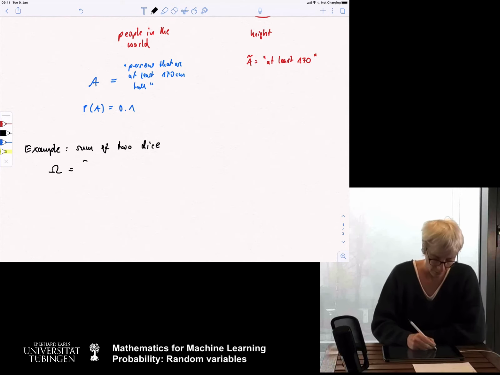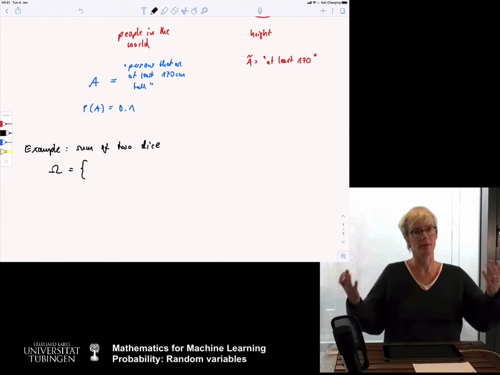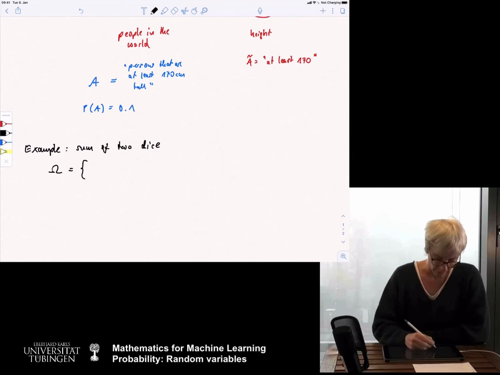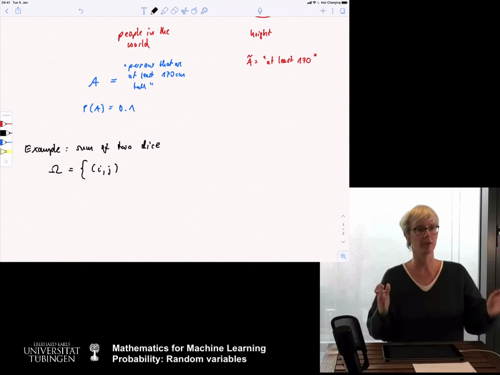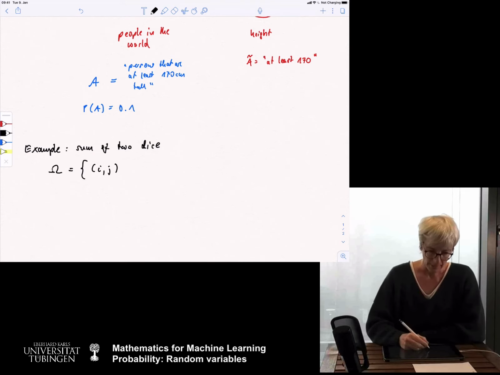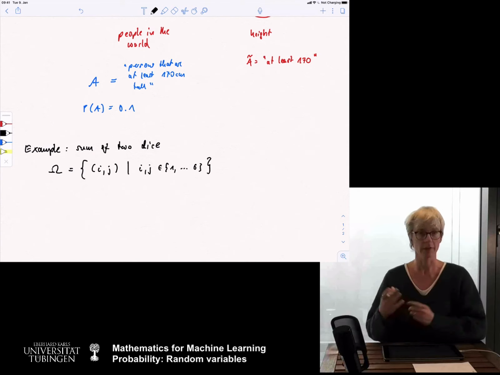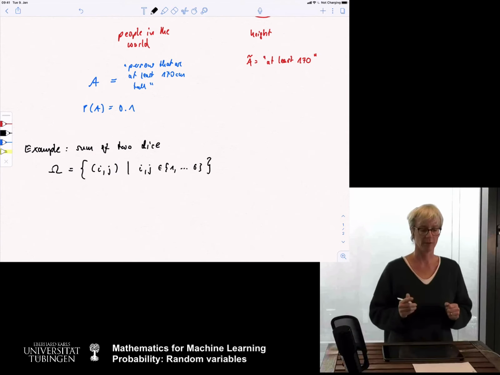Typically, if we have a dice and we throw it twice, or we have two dice, what are the events? We have two numbers, the first result and the second result, and these have to be numbers between 1 and 6. So i and j are in 1 to 6. So this is the space of the elementary events that we have.